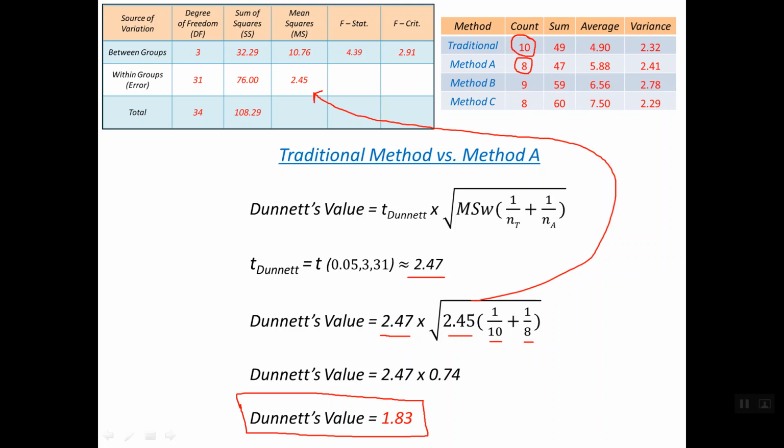Simply, we can compare this value, 1.83, with the difference between the two means.